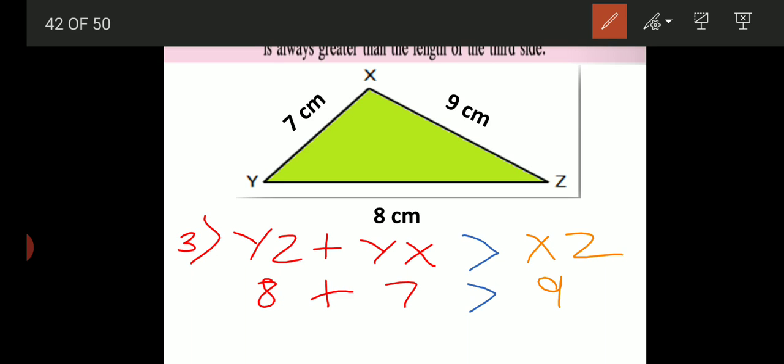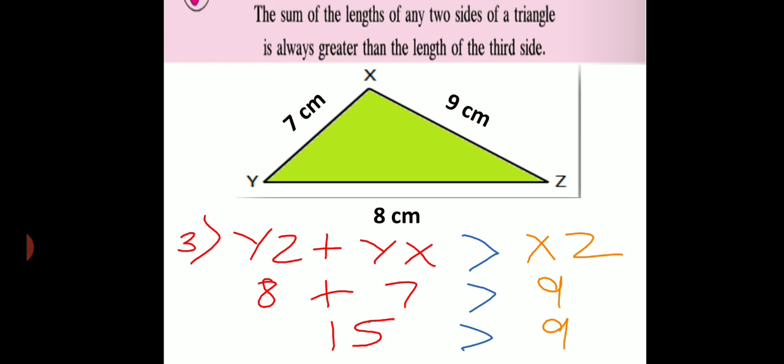So 8 plus 7 gives you the total 15. So this again, 15 is greater than 9. So once again we have proven the property, that is, the sum of the lengths of any two sides what you have selected of this triangle is greater than the length of the third side.